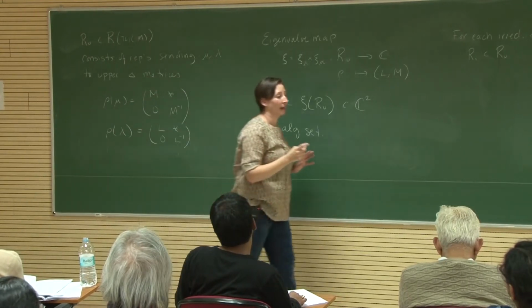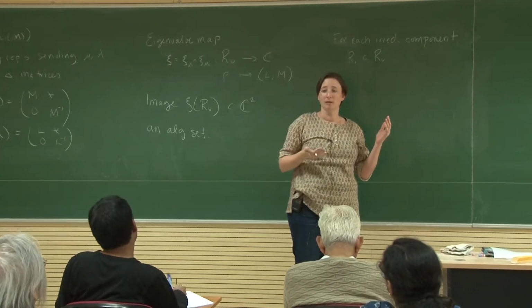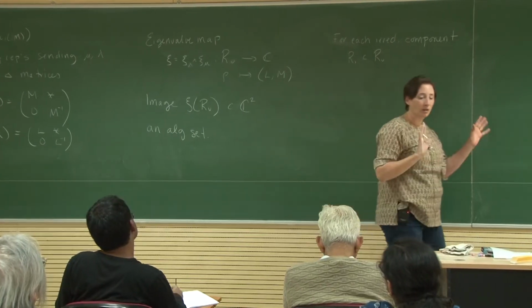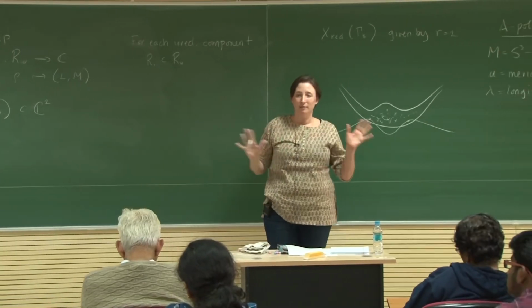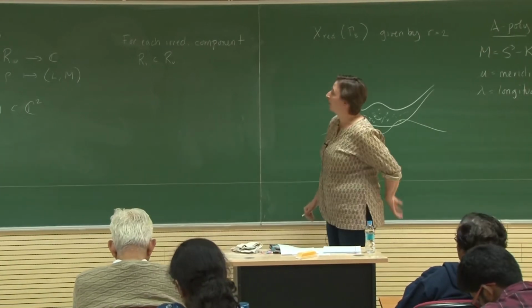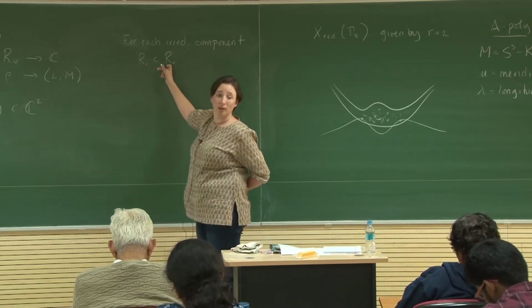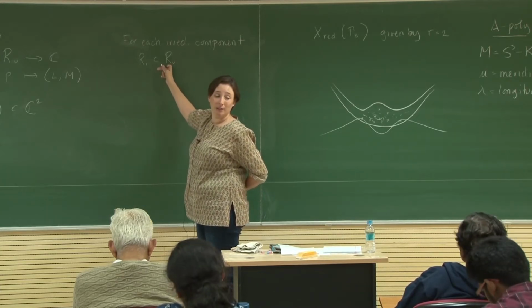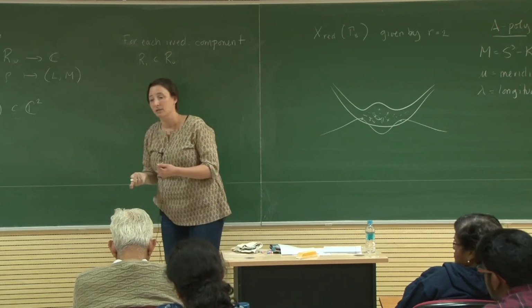The character variety for irreducible reps looks just like the representation variety mod conjugation. So I'll probably say character or representation and mean basically the same thing. Okay, so for each irreducible component of the upper triangular meridian-longitude representations, there are a few options.